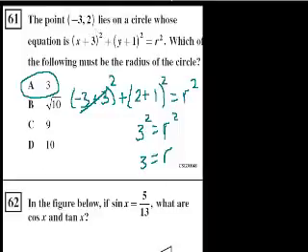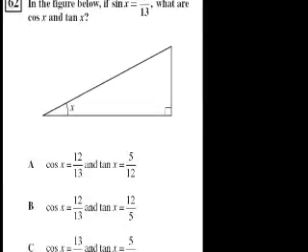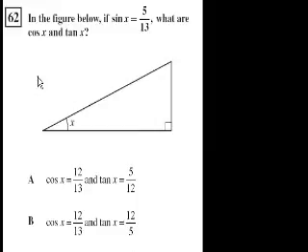Problem 62. Looks like we're going to do some trigonometry. In the figure below, if sine of x is equal to 5 over 13, what are the cosine of x and tangent of x? I don't know if you've seen the basic trigonometry videos. You might want to. But a good mnemonic for memorizing sine, cosine, and tangent is SOHCAHTOA.